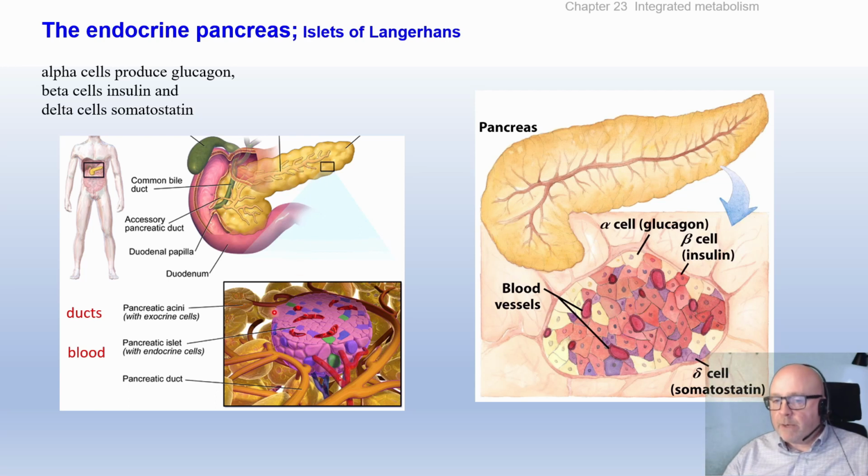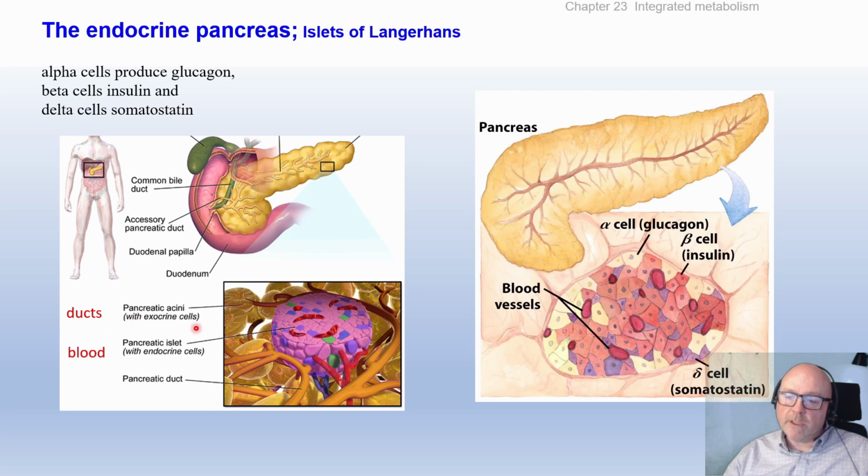Right? The pancreas has two different types of flow through it. It has blood flow, which is important for us when it comes to the secretion of hormones, because the blood vessels penetrate these islets of Langerhans so that the alpha, beta, delta cells can secrete directly into the bloodstream.